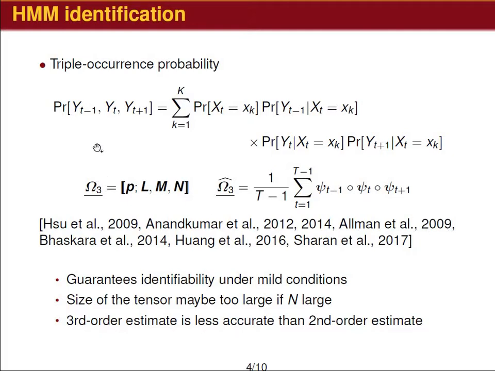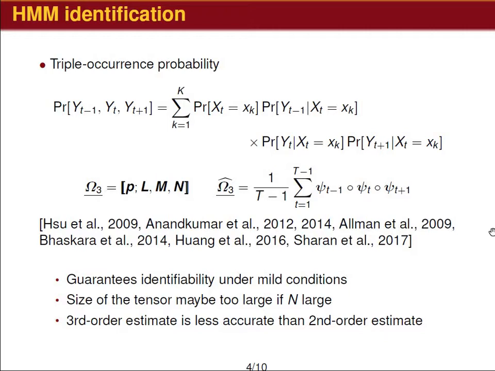In order to have identifiability guarantees, people have proposed using higher order methods. Basically, if we look at triple occurrences conditioned on the current latent variable, then the probability factors into a tensor canonical polyadic decomposition, which guarantees identifiability under mild conditions.